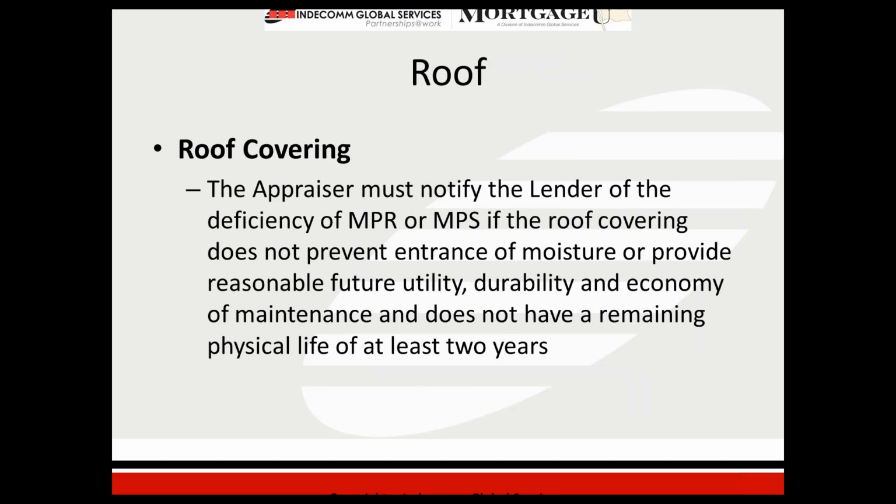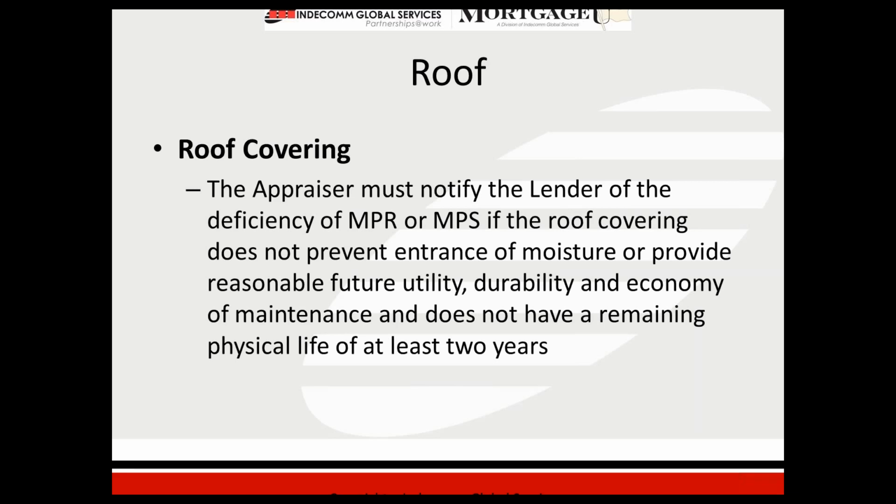For the roof, go ahead and turn to page 13 of your job aid. The appraiser must notify of any deficiency in a minimum property requirement or minimum property standard. That basically means FHA's requirements for a property that's safe and sound for our borrower to move into.